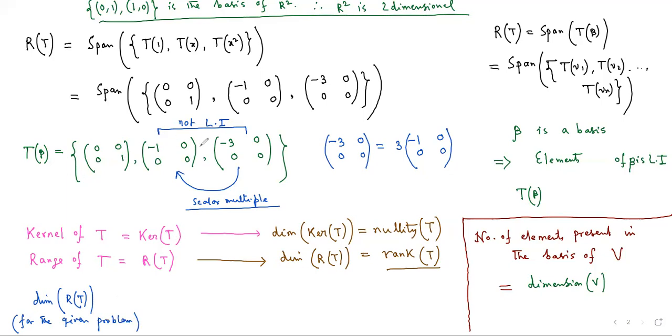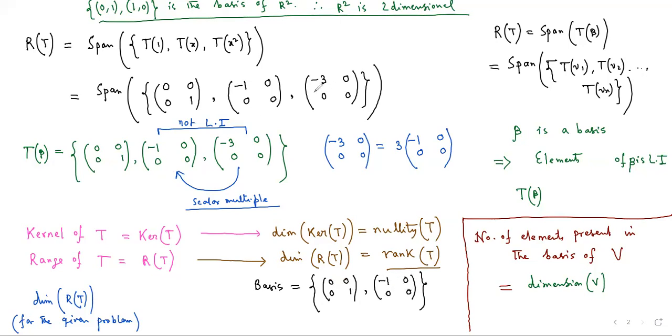We have got our spanning set, but there is a problem: the third member is a scalar multiple of the second member. So we cannot say that T(beta) is a basis. But what we can do is omit the third member if we want to construct a basis out of it, and only write (0,0,0), (1,-1,0), (0,0,0).